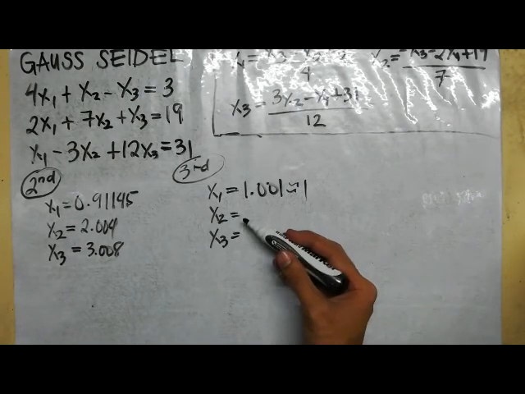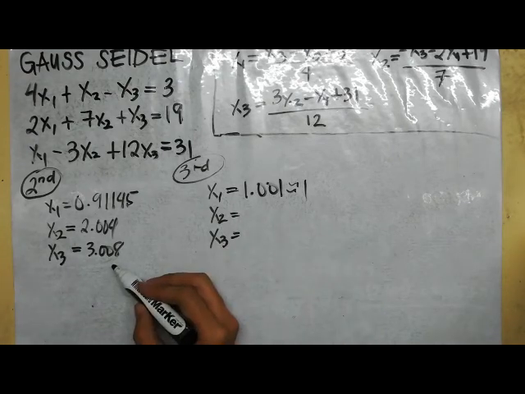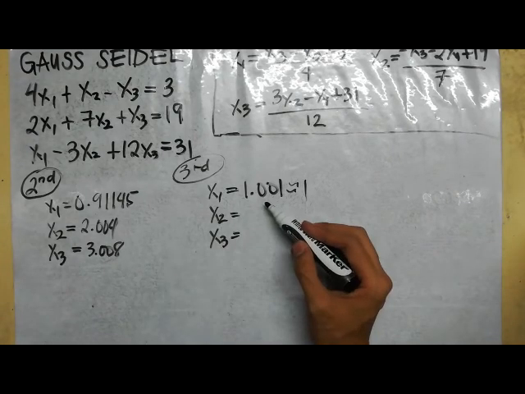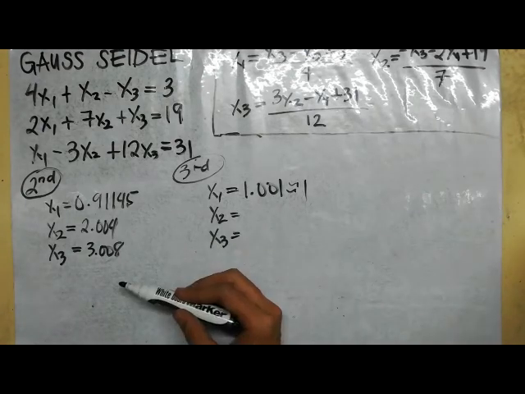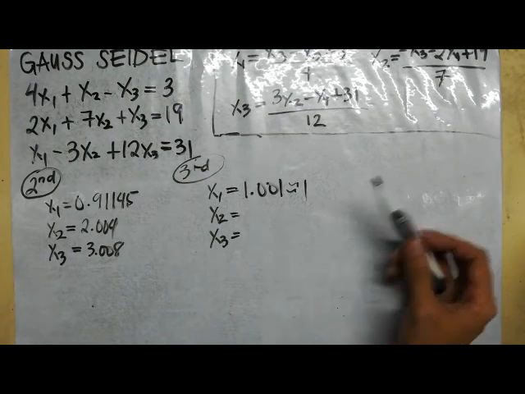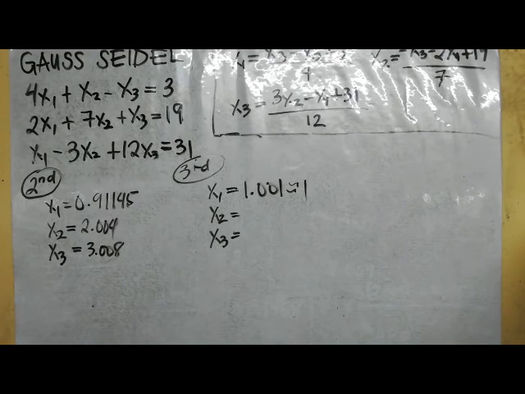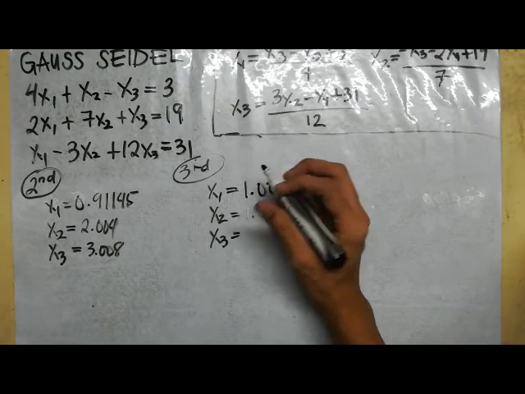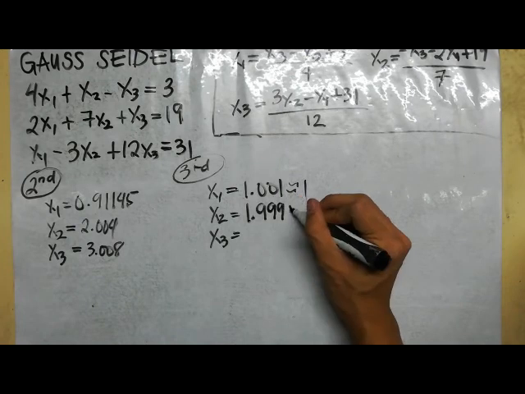And for our x sub 2, we will substitute x sub 3 and our new x sub 1. So we have negative 3.008 minus 2 multiplied by 0.001 plus 19 all over 7. So we will get 1.999, or simply 2.